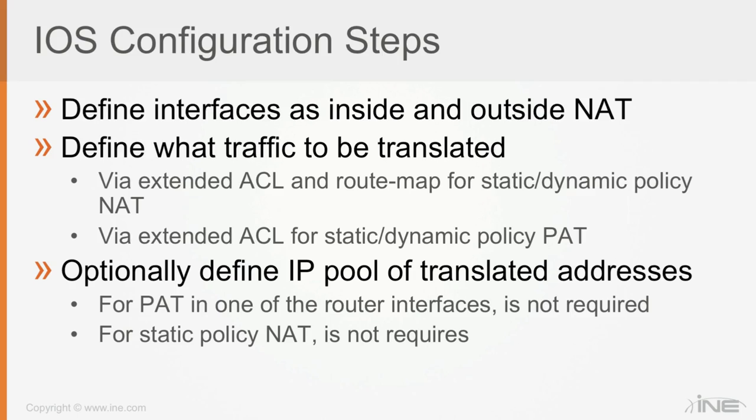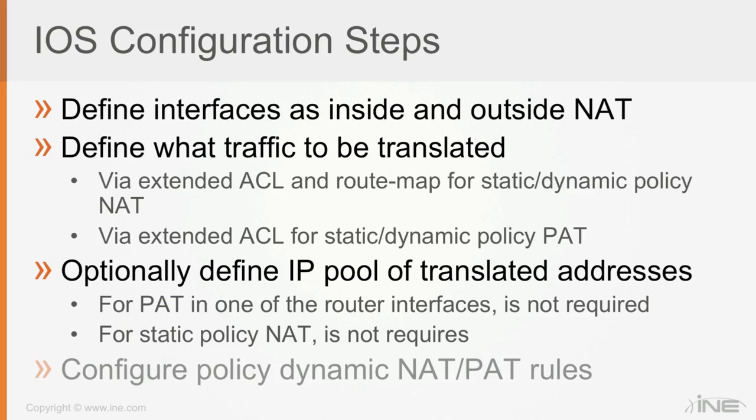So clearly, this step is not required if we do static policy NAT, or if we do dynamic PAT on one of the router's interfaces. To keep it simple, the pool is only required if you want to do dynamic policy NAT, which means a one-to-one mapping dynamically done. And then you configure the regular policy dynamic NAT or PAT rules based on what you want to achieve.